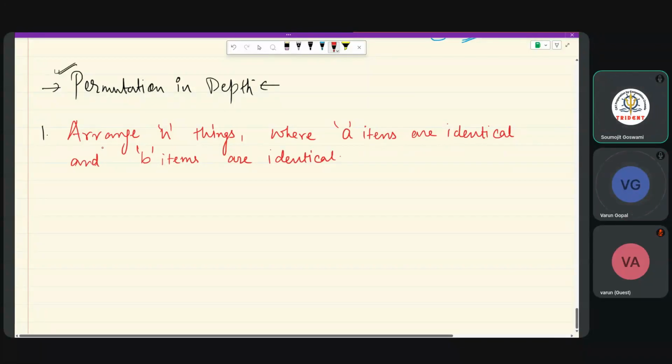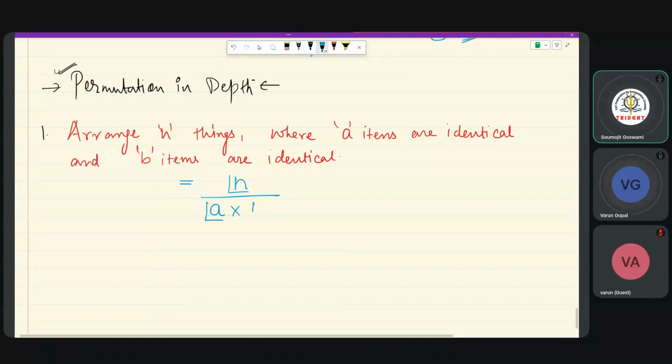Initially, among n things, we were just selecting r things and arranging them. But all the things were distinct. Here, some of the things are identical. In that case, the arrangement will be like this: factorial n by factorial a.